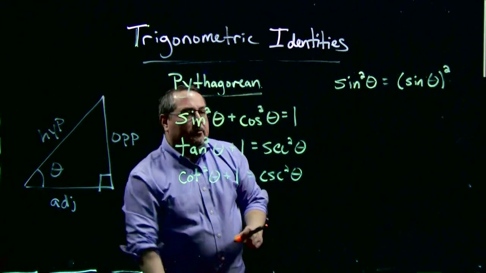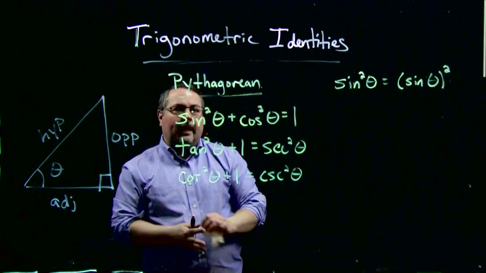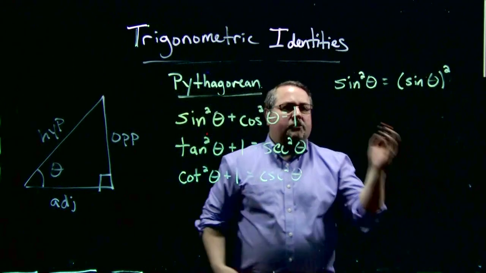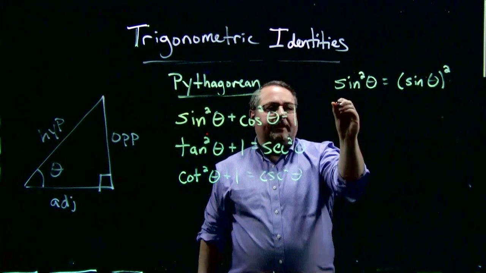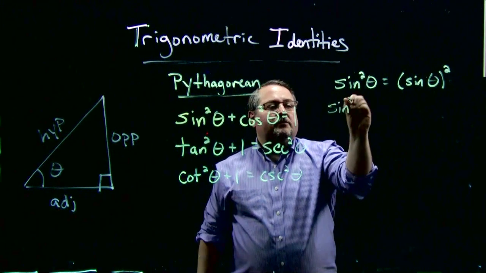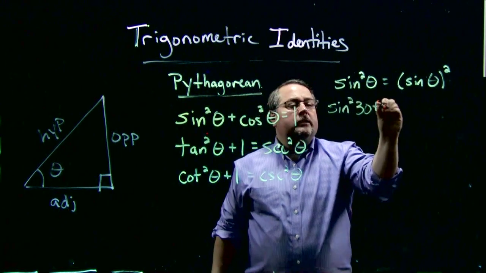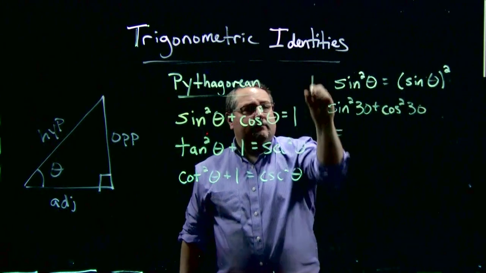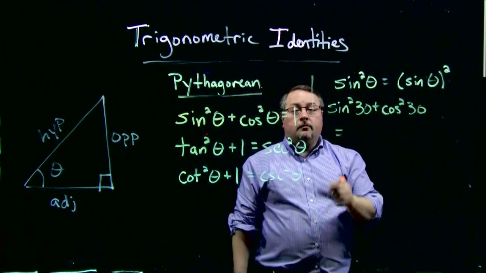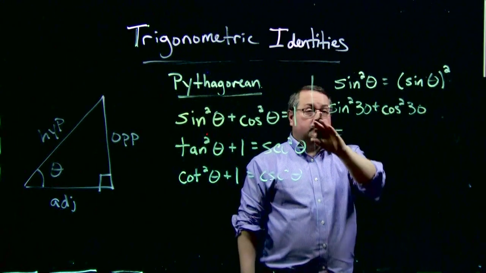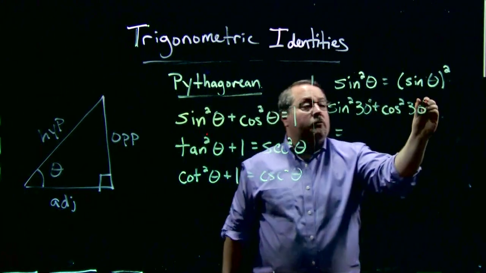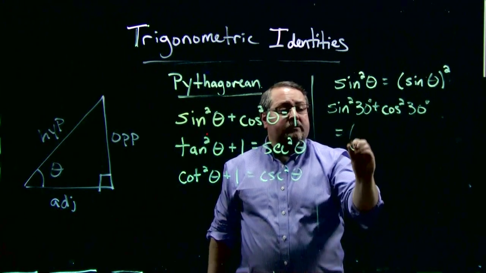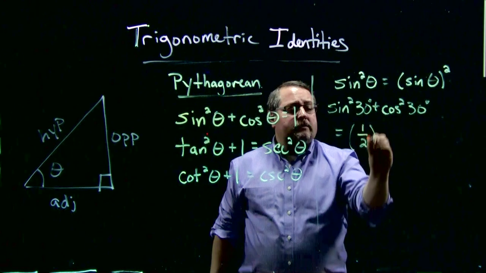So to just do an example before we jump into why these Pythagorean identities are true, if we were to look at, for example, the angle 30 degrees, we look at sine squared of 30 degrees plus cosine squared of 30 degrees. Okay, so if you recall from our definitions of the trig functions for the angles in our special right triangles, the sine of 30 degrees was 1/2.